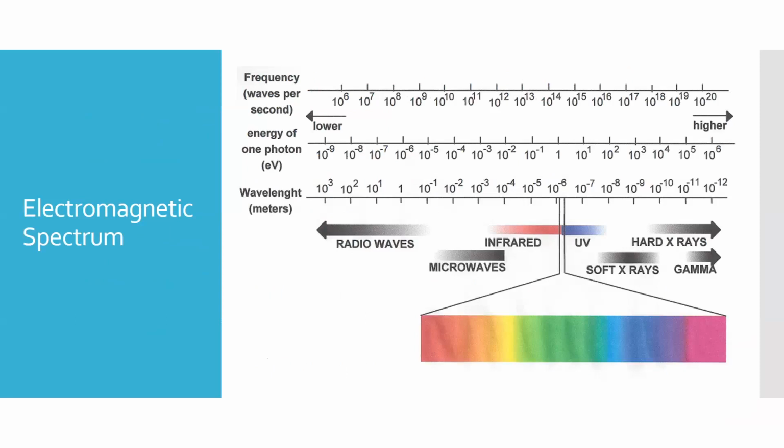So now we're looking at the very high frequency end of the spectrum. X-rays run from about 10 to the 16th hertz up to 10 to the 20th hertz, which is in the peta and terahertz range.